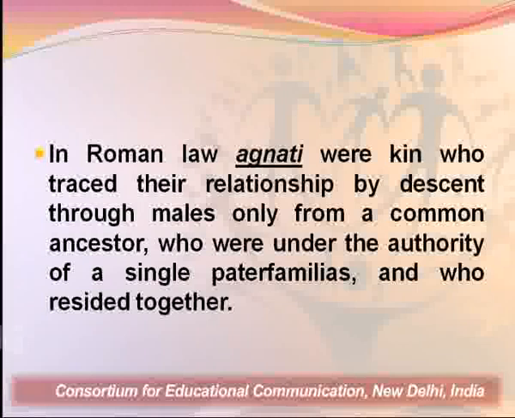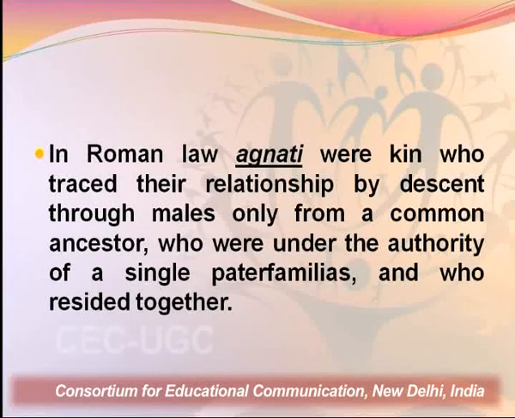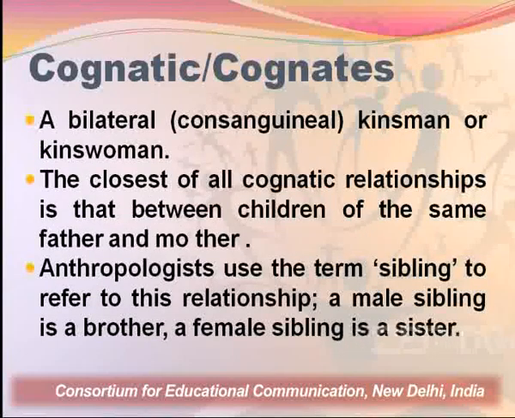Therefore an agnate is a person related by patrilineal descent. In Roman law, agnati were kin who traced the relationship by descent through males only from a common ancestor, who were under the authority of a single pater familias and who resided together.